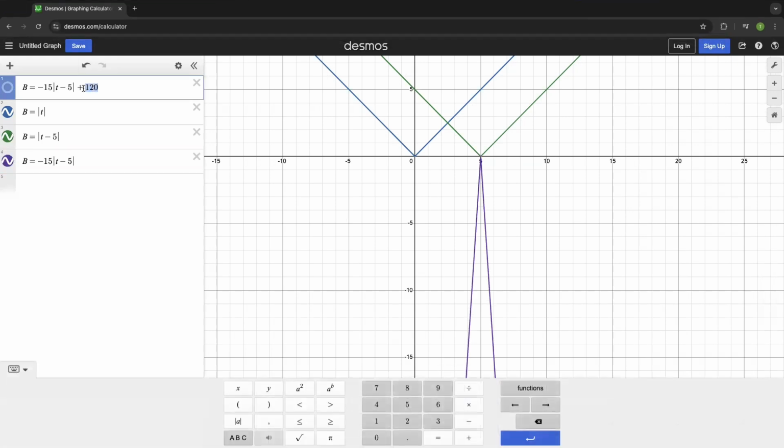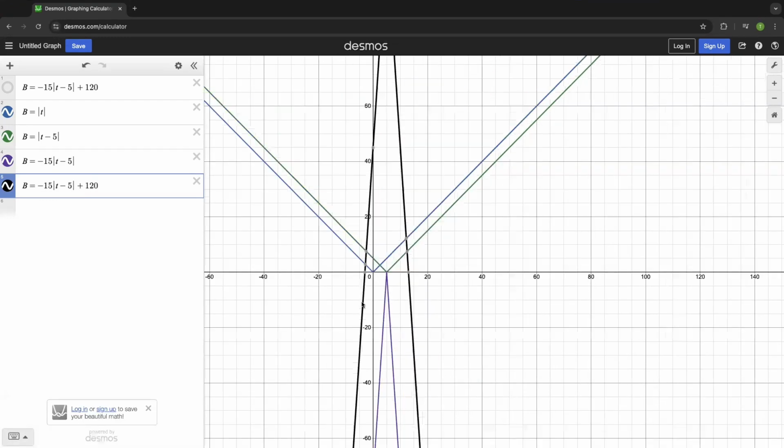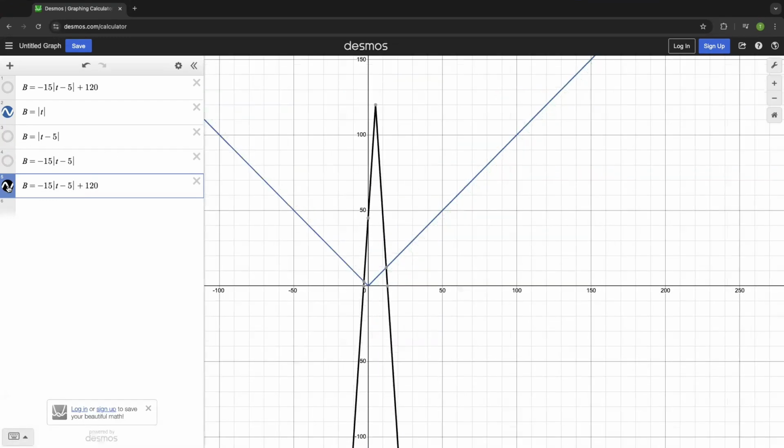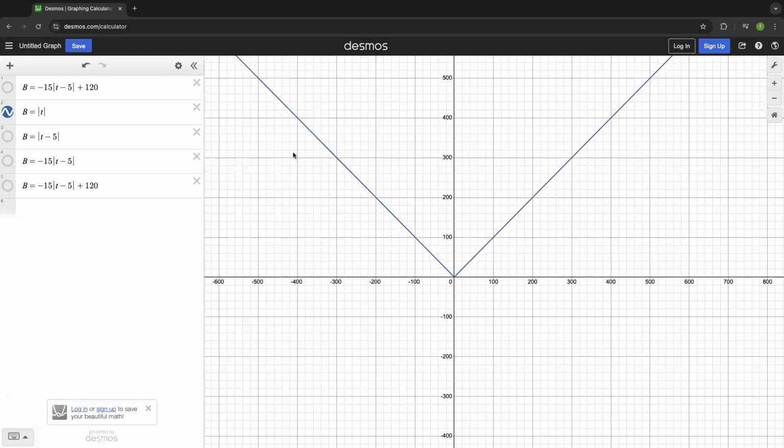And then we add this plus 120 at the end, and what that does is shift the graph up by 120 units. So what I want to do is show you step by step from my original graph. We've got b is equal to the absolute value of t.